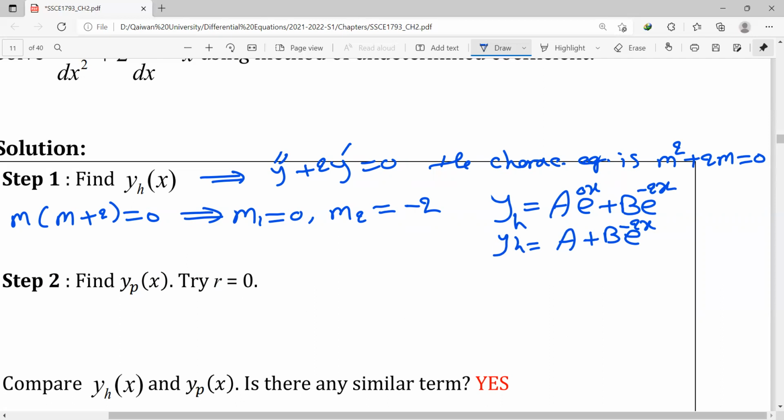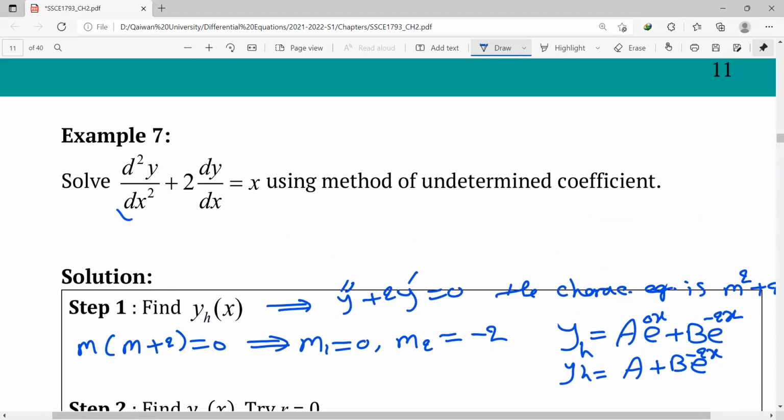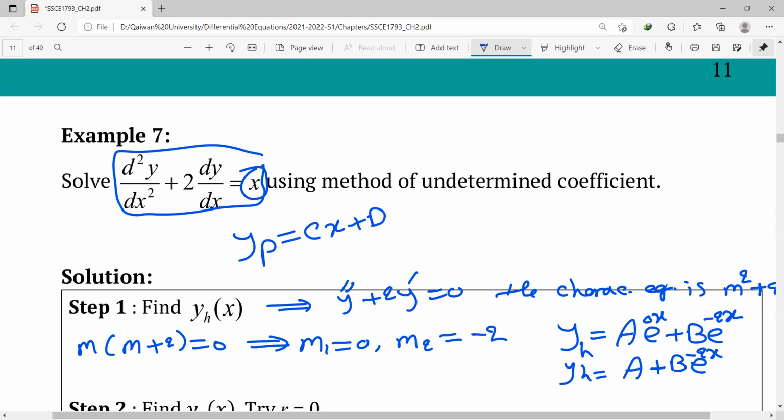And to find the particular solution, we look at the right-hand side of the given equation. In the right-hand side we have a polynomial of degree 1. That means yp should be cx plus d. We must have the general form of a polynomial of degree 1, which is cx plus d.